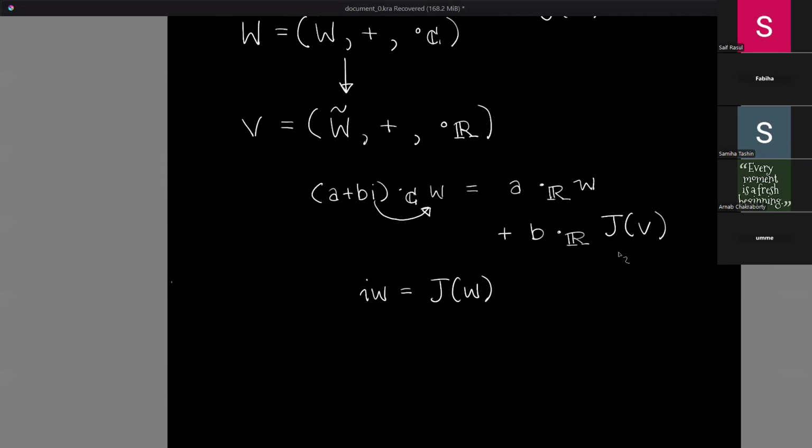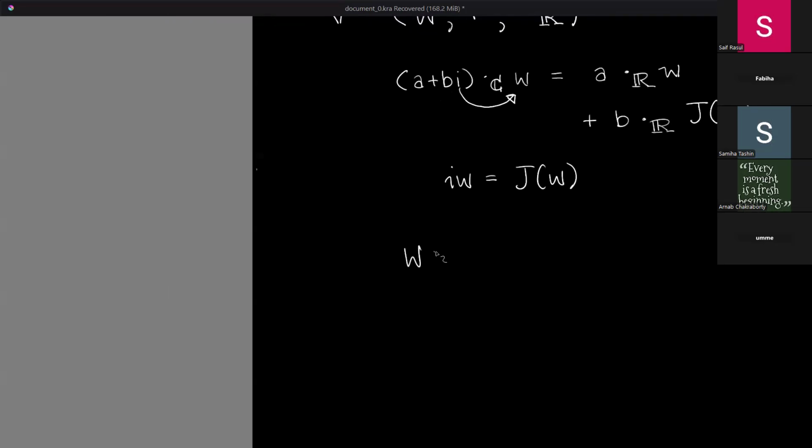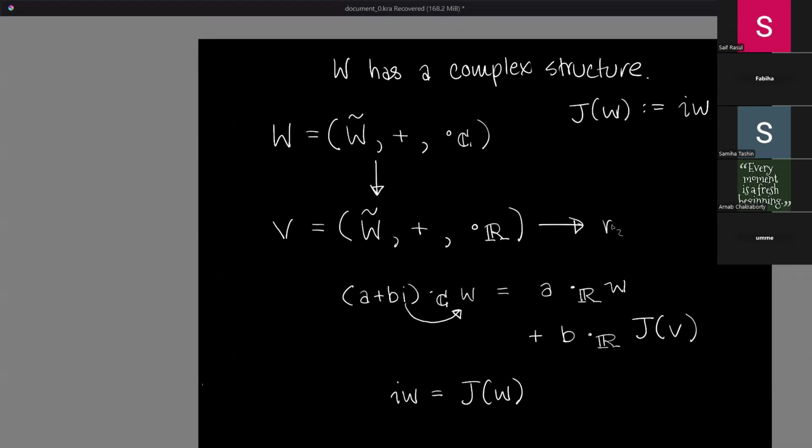This seems similar to the way that we were doing it in the other direction, but we approached it from the other side, and we showed that it still works. So we find that W can be thought of, well, by the way, so this is a real vector space, right?